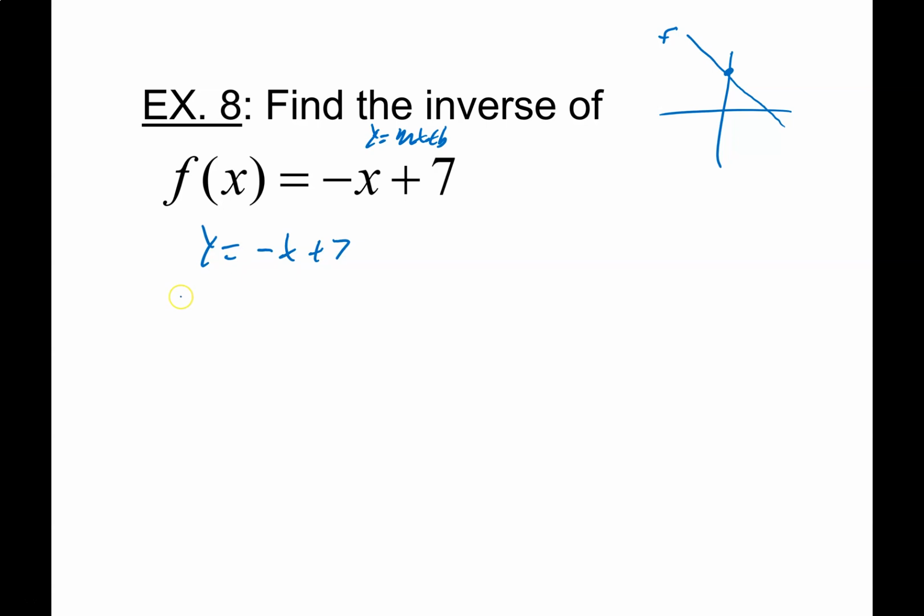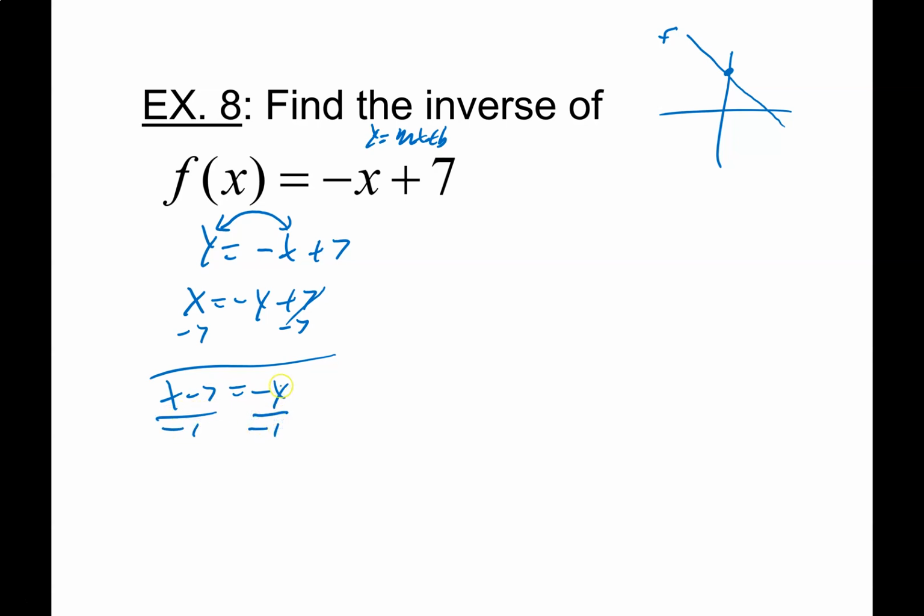So we switch x and y. We subtract 7. So x minus 7 is negative y. You can either multiply both sides or divide everything by negative 1. I like the idea of multiplying by negative 1 better here, but certainly it would have worked the other way as well.